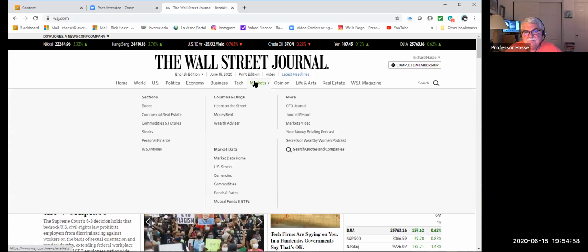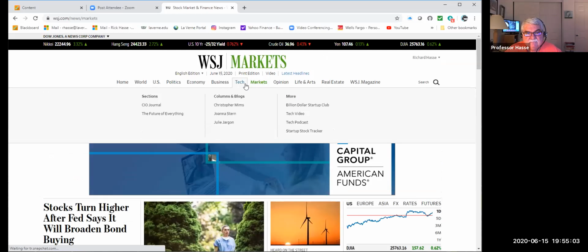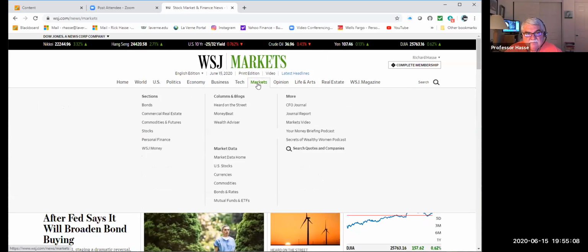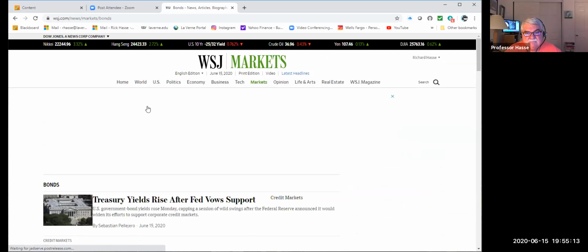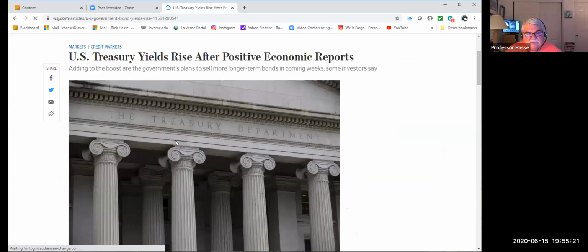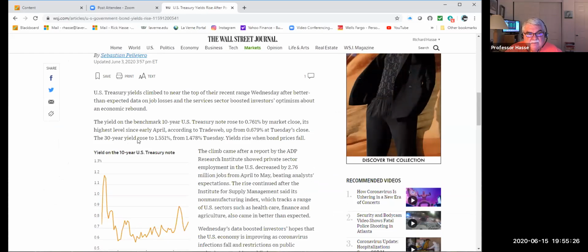So I go to markets, and I go to bonds, and I go to treasury yields, treasury markets. And it tells me that the current 10-year United States Treasury note is 0.761%.